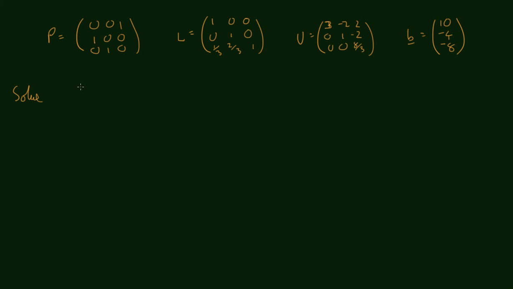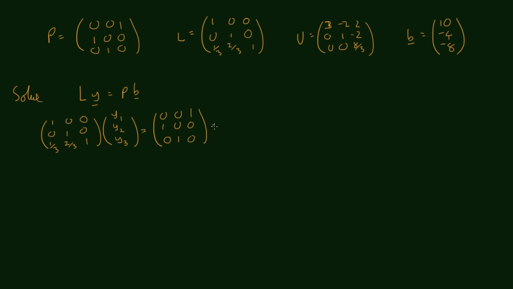Okay, so the first thing we do is we solve Ly equals PB. We solve that using forward substitution. So our y's are our unknowns, and PB is 0, 0, 1, 1, 0, 0, 0, 1, 0 times our B vector.